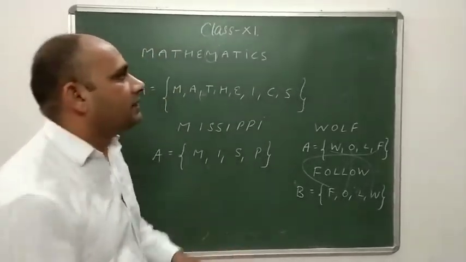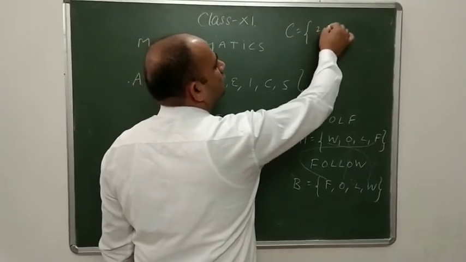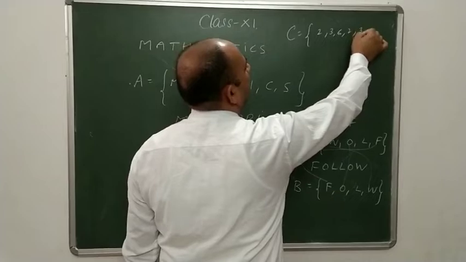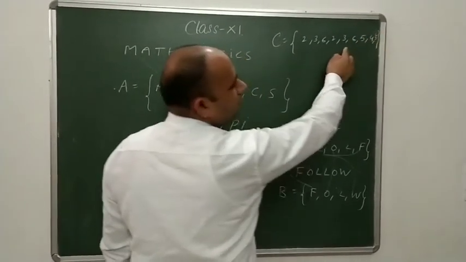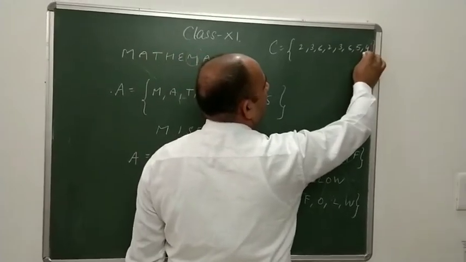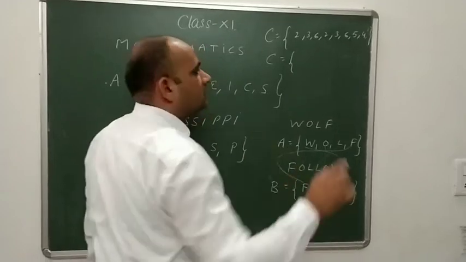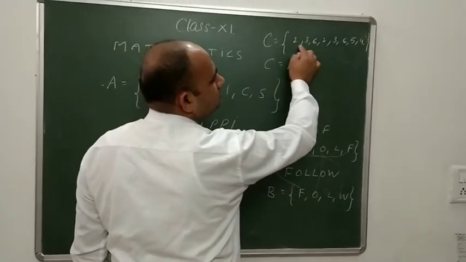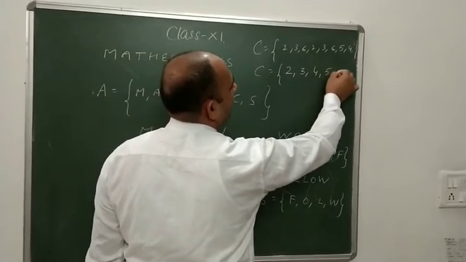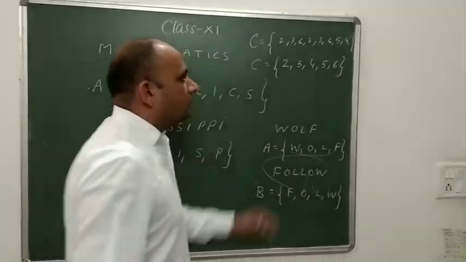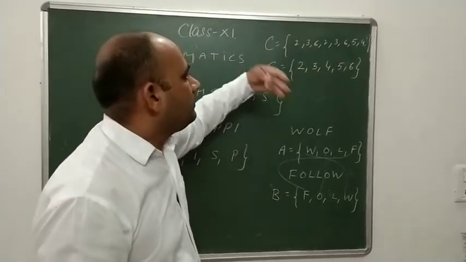Clear? Same for digits also. If any set is written as 2, 3, 6, 2, 3, 6, 5, 4, 5, we will refine it. Refined means we don't repeat any digit: 2, 3, 4, 5, 6. Here a digit appeared two times, but we write it only one time.